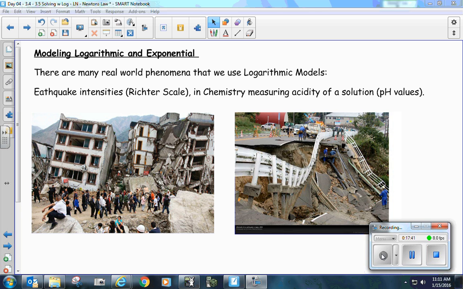As you know, earthquakes can be devastating. Chemistry, they measure acidity of solutions, like pH values. That's a health concern. You want some acidity, you don't want too much. Certain juices, like apple juice, are very acidic. That will digest the stuff in your stomach, and when you use the restroom you're passing liquids instead of solids.